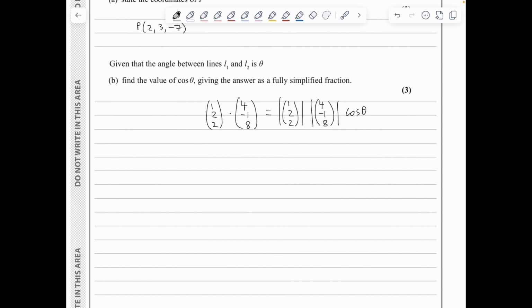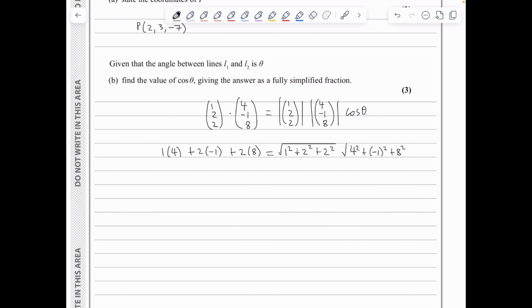two lines. Well, when I apply the dot product, I do i times i plus j times j plus k times k. So we're looking at 1 times 4 plus 2 times -1 plus 2 times 8 being equal to the square root of 1 squared plus 2 squared plus 2 squared. This is the magnitude of the direction vector of the first line, and I take the square root, times the square root of 4 squared plus -1 squared plus 8 squared.